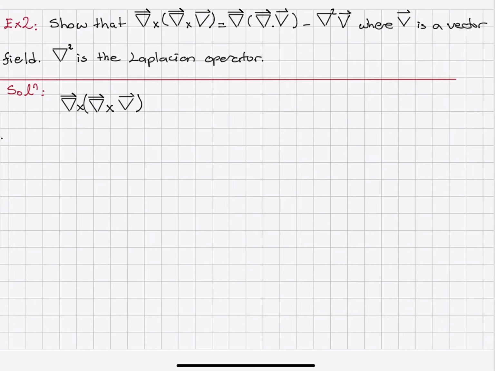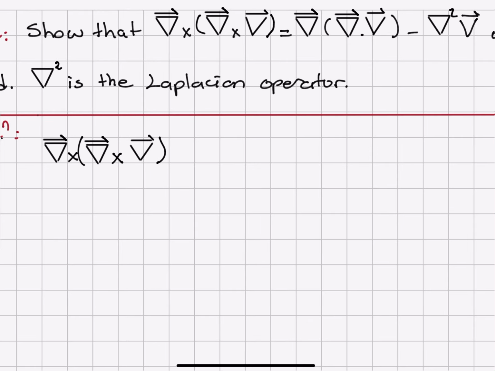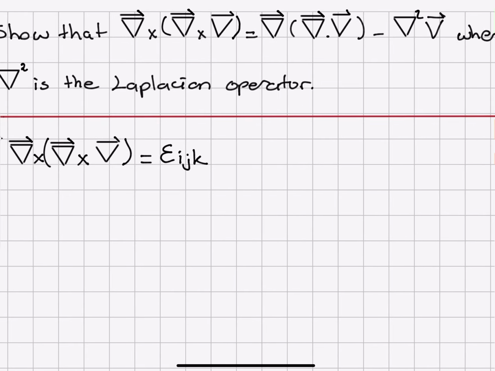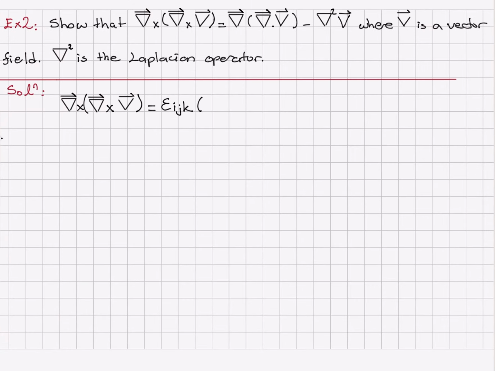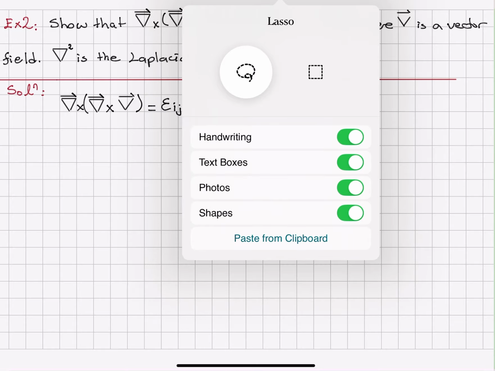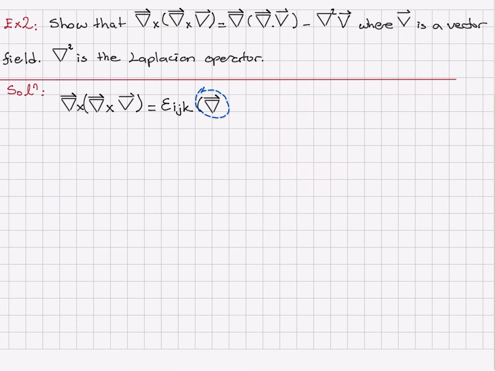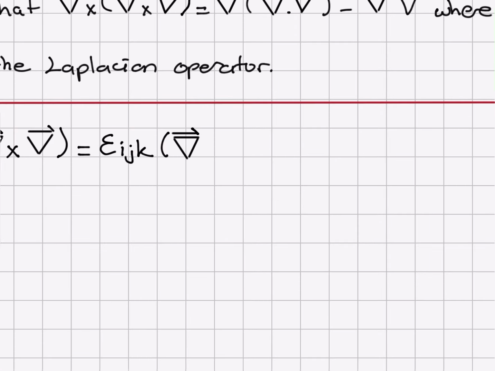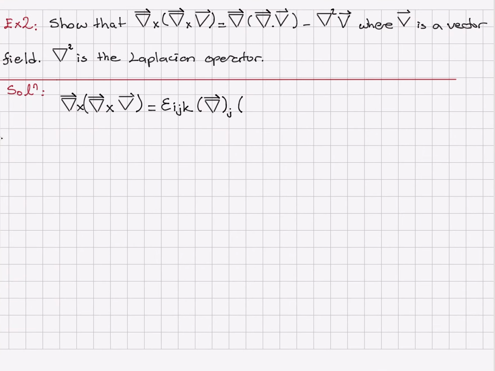Using our subscript summation notation, one way to write this is epsilon ijk, the Levi-Civita symbol, the jth component of the gradient operator. So we're going to put the gradient operator here and take its jth component. And then we will take the kth component of the curl.